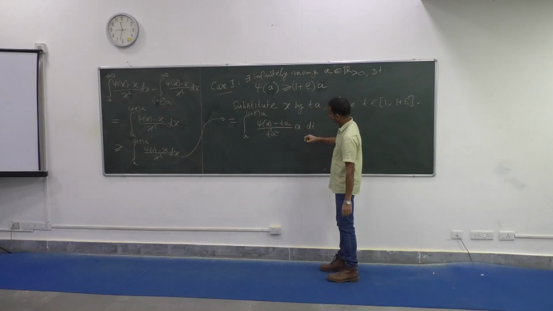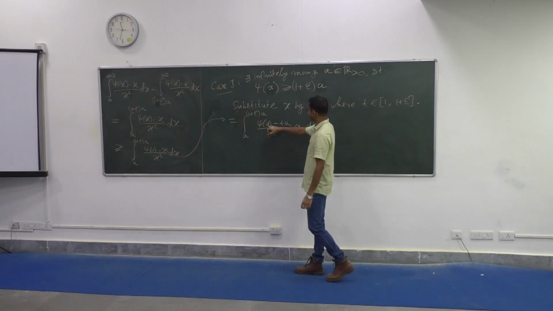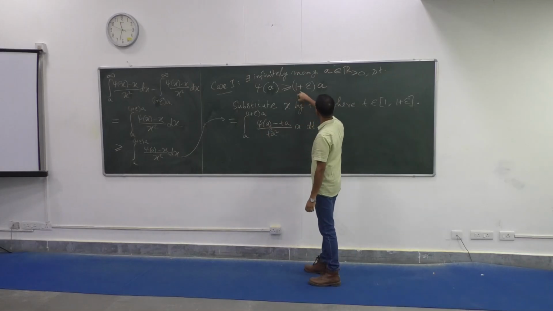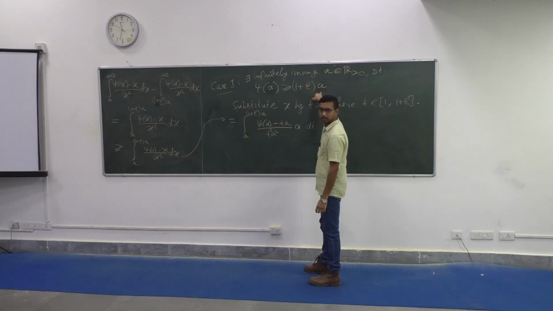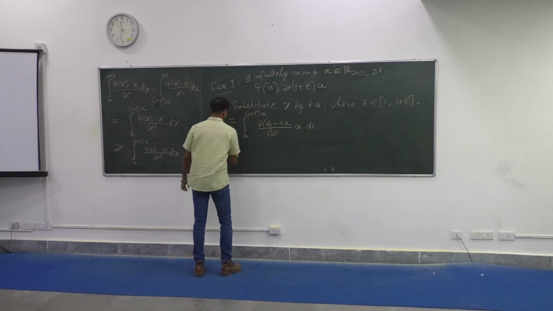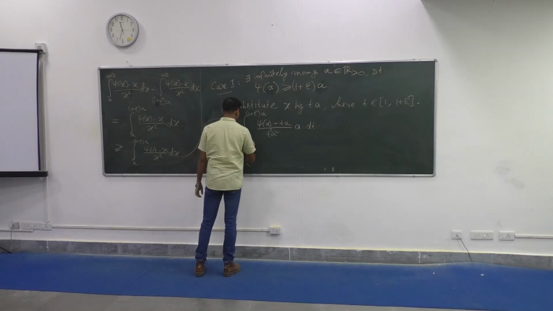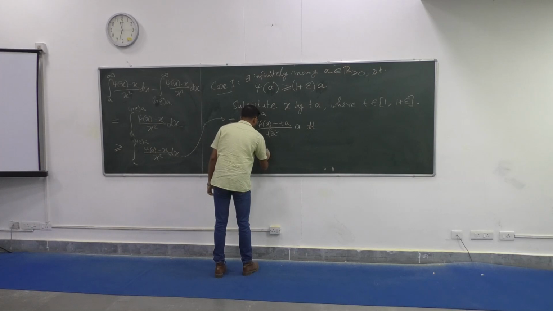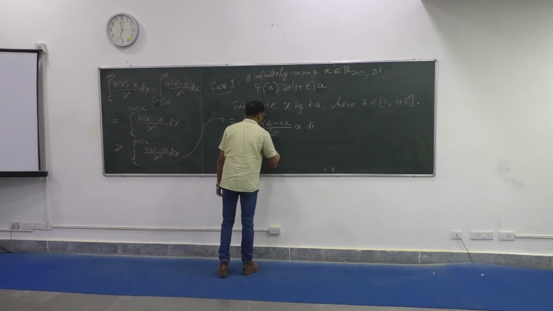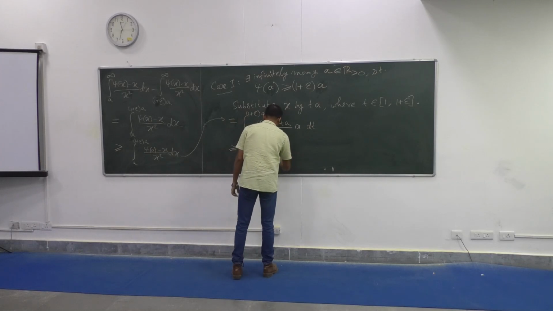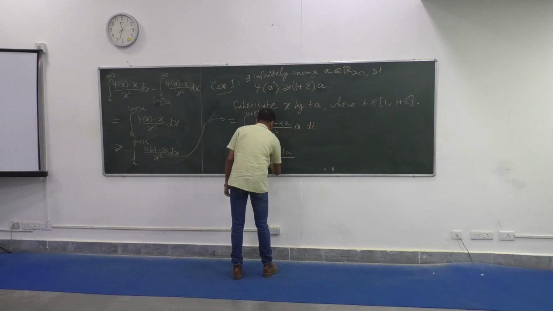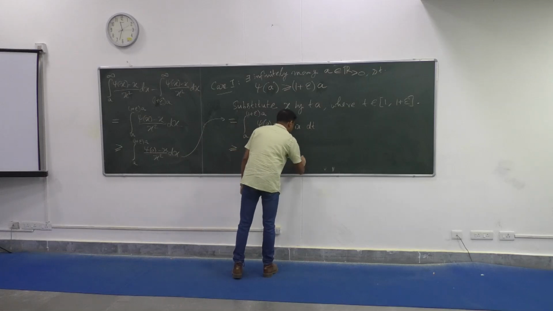So note that also we should use this fact that psi of x is larger than 1 plus epsilon times x. So this is larger than psi of a times 1 plus epsilon t, and this is 1 plus epsilon t minus a by t squared times a.